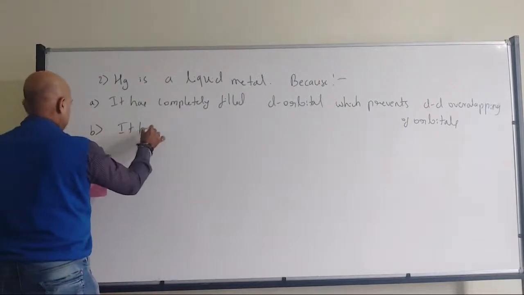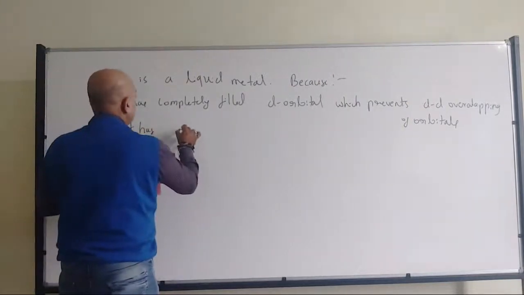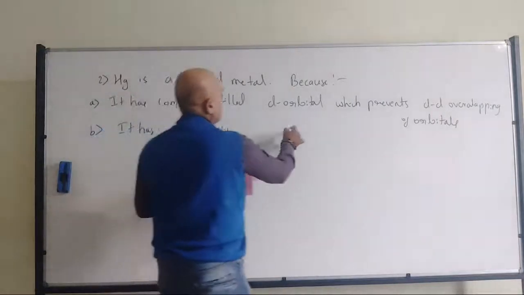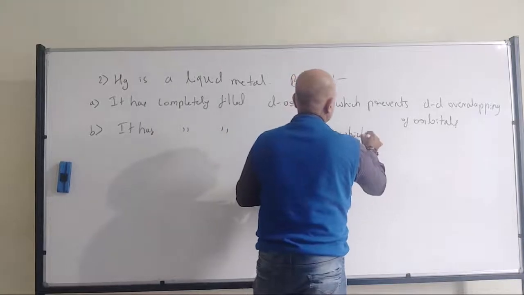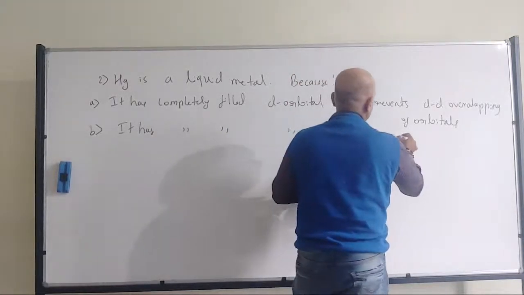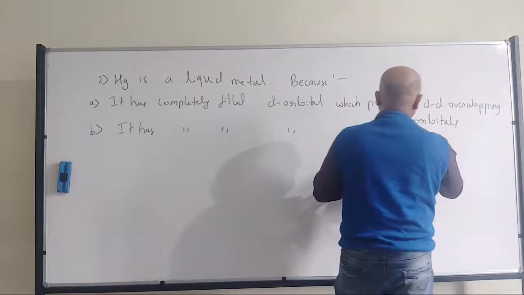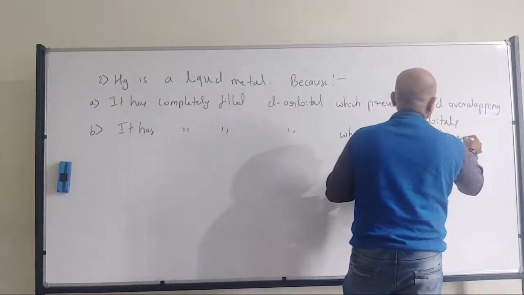Option B. It has completely filled d orbital, which causes d-d overlapping.